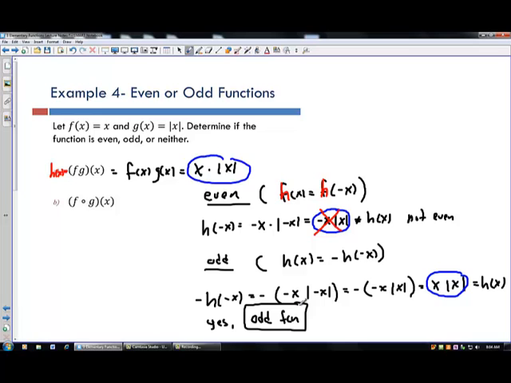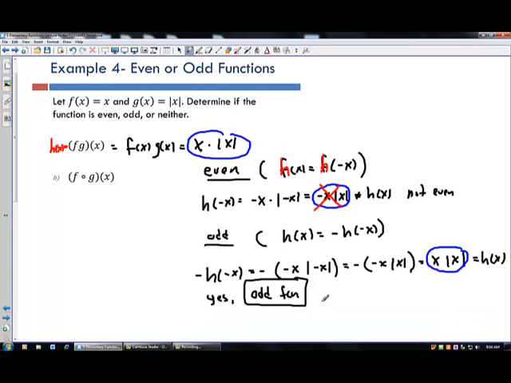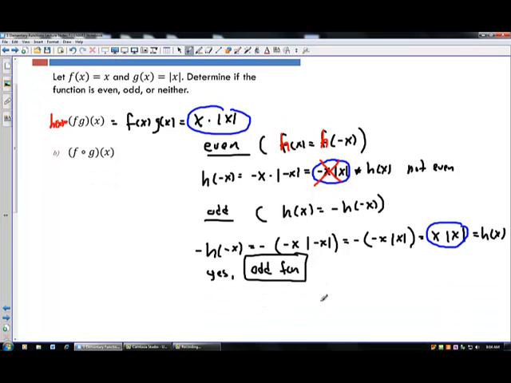Okay. Let's take a look at part B and try it. So on part B, we have f composed with g of x.